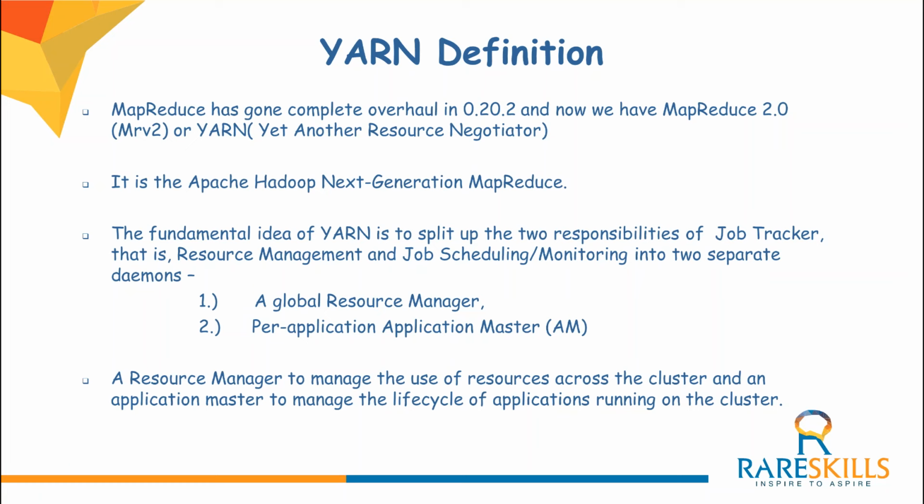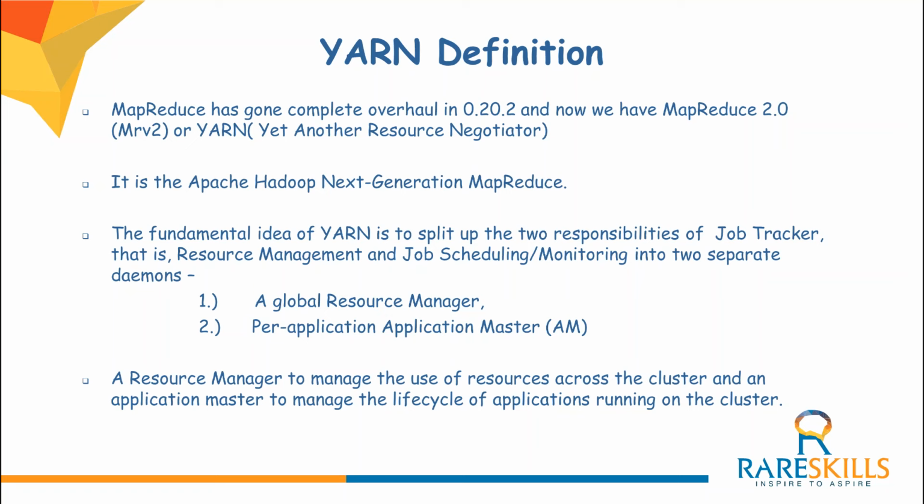YARN provides a fine-grained memory management model where the application master requests resources by asking for containers with a certain memory limit, like 2 gigabytes, 3 gigabytes, 4 gigabytes. And YARN administers these containers and enforces memory usage. Each application job has control of how much memory to request for any mapper or reducer task.